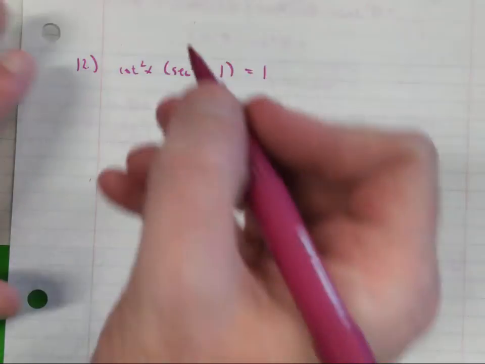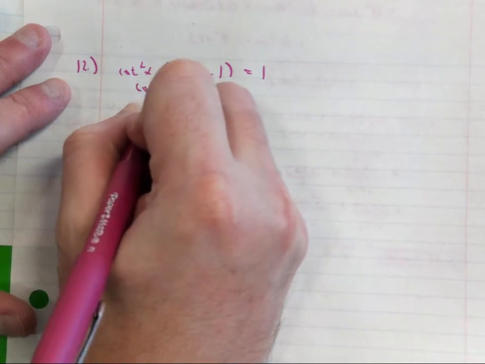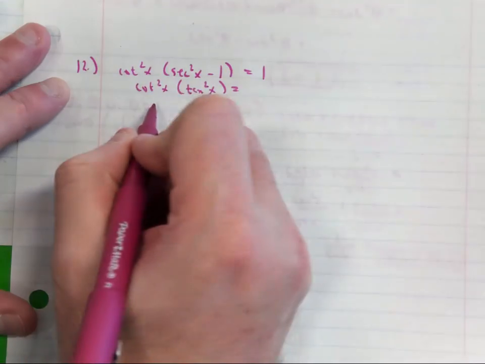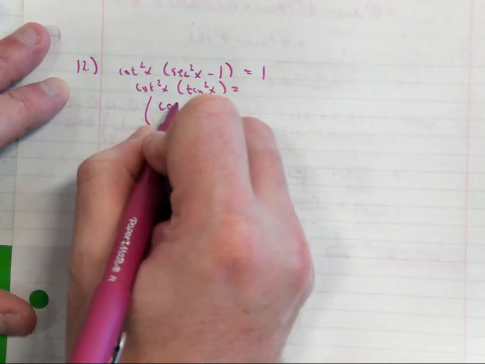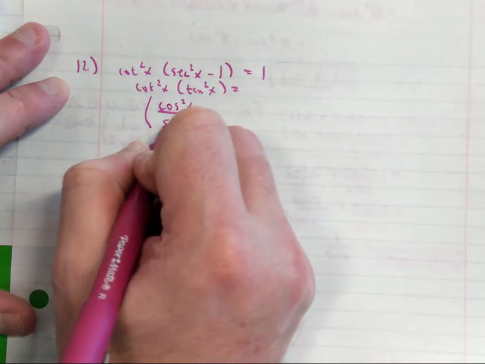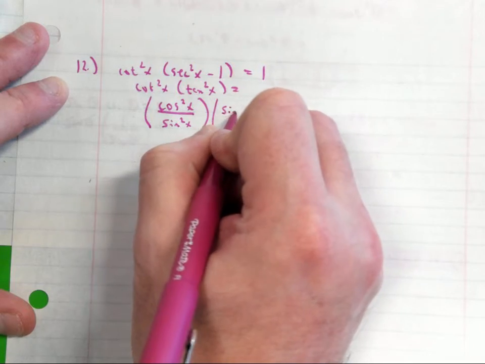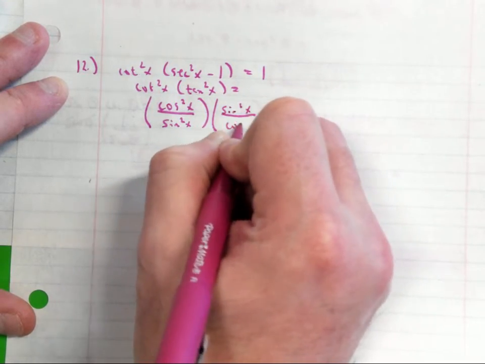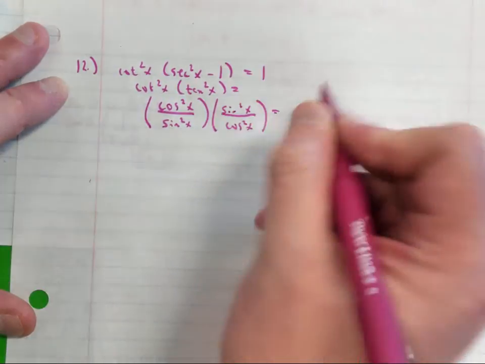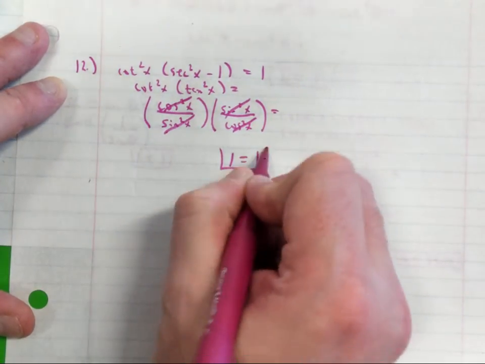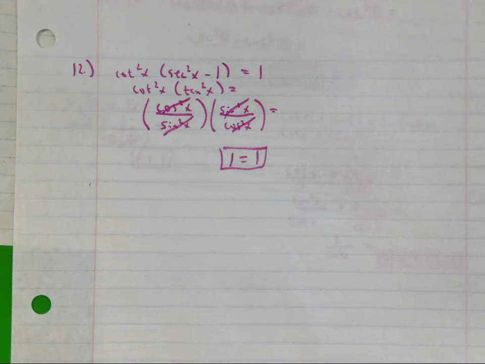That's what I'm going to do. Now I'm going to rewrite this in terms of sine and cosine. Cosine squared over sine squared. Tangent, sine over cosine squared. Can I cross all these out? What's that equal to? That's your answer. There's your proof.